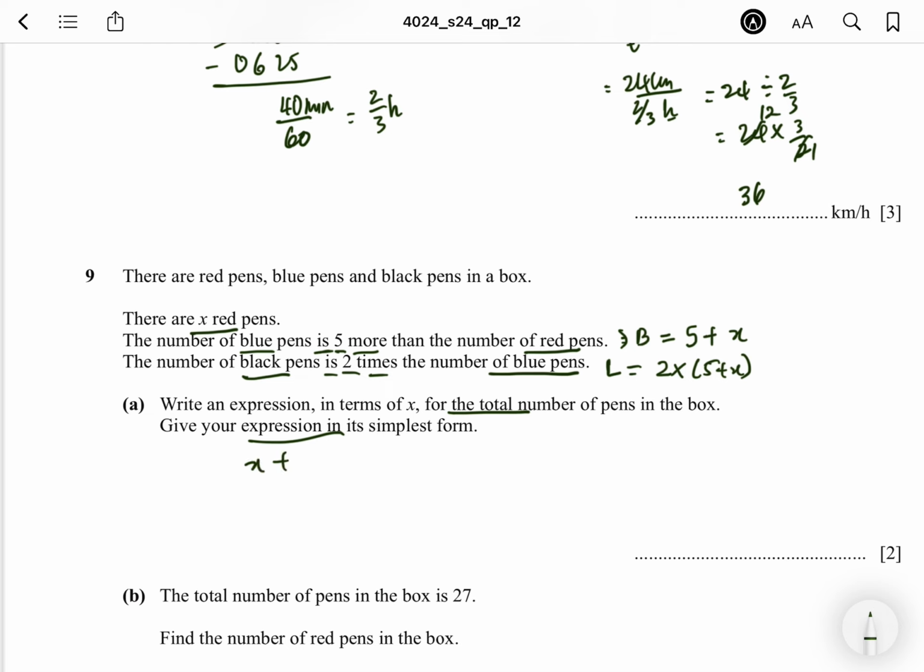Total: x plus 5 plus x plus 2 times (5 plus x). Even more clever, good at simplifying. Tell me what you simplified. Okay. So x plus 5 plus x plus 10 plus 2x. Variable x, how many? 1 plus 1 plus 2, 4.